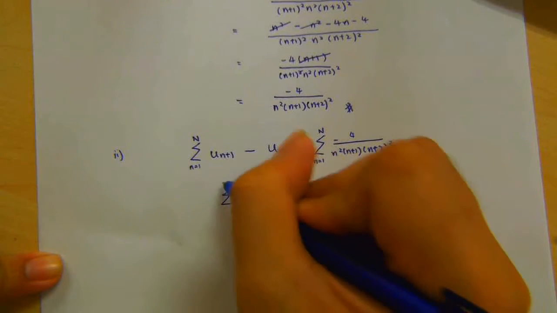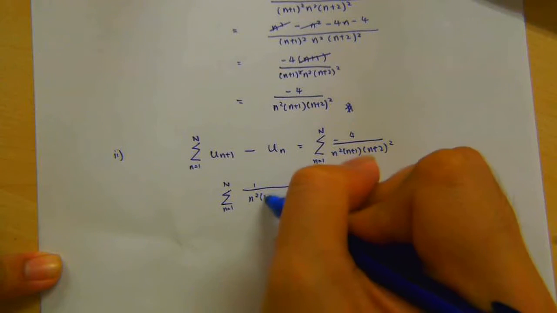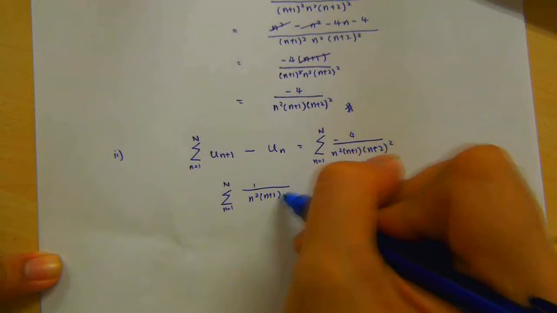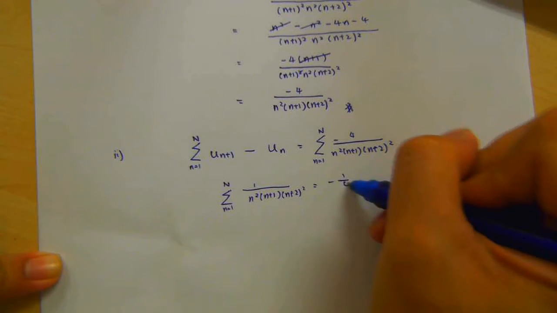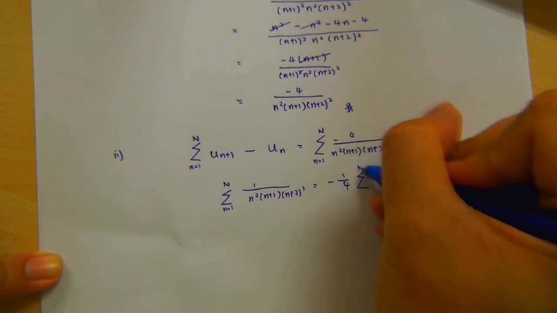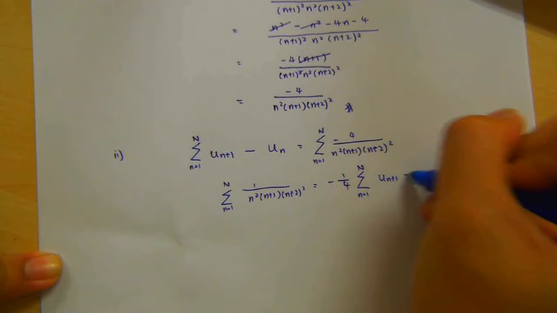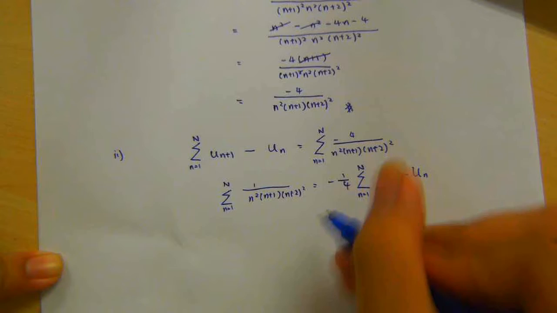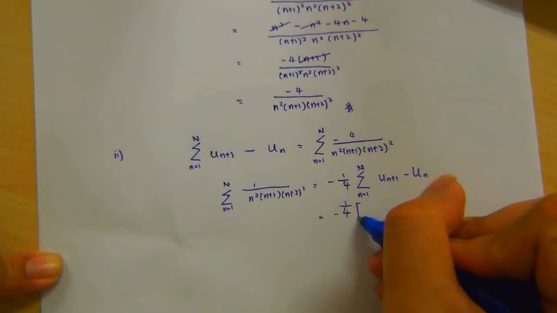We're going to take out the minus 4 since the expression doesn't contain the minus 4. And this minus 4 shall be shifted to the other side. So now on my right hand side is clearly a method of difference.